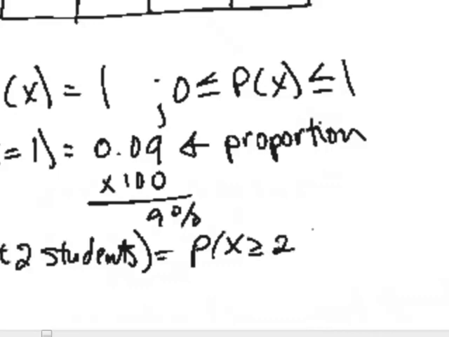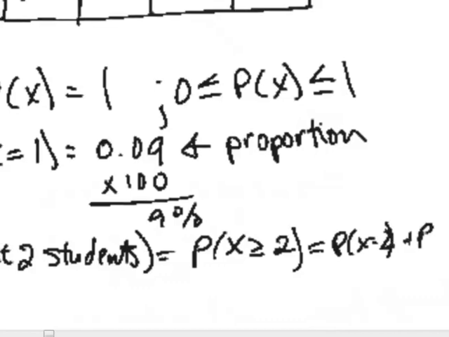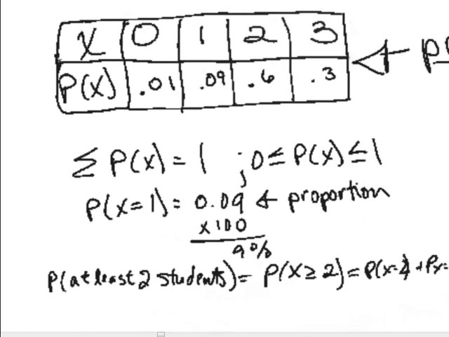So in this case, the easiest way to do that would just be what? Probability of X equals 2 plus probability of X equals 3. So that would be 0.6 plus 0.3. Alright.